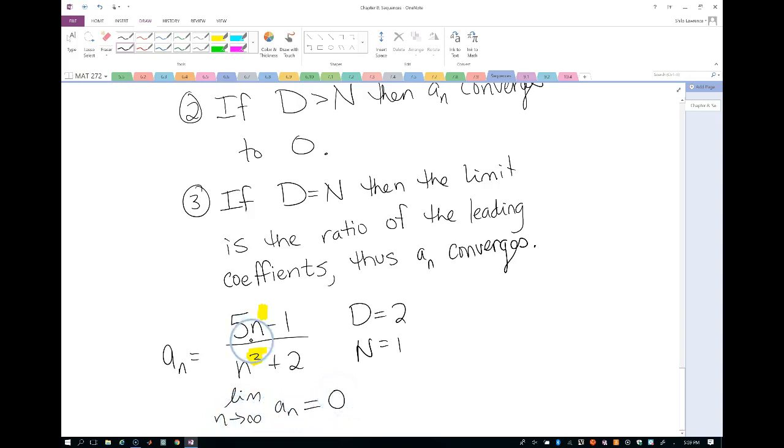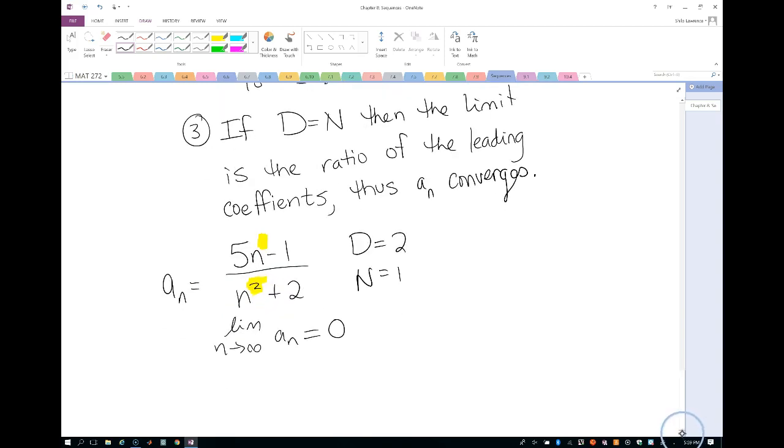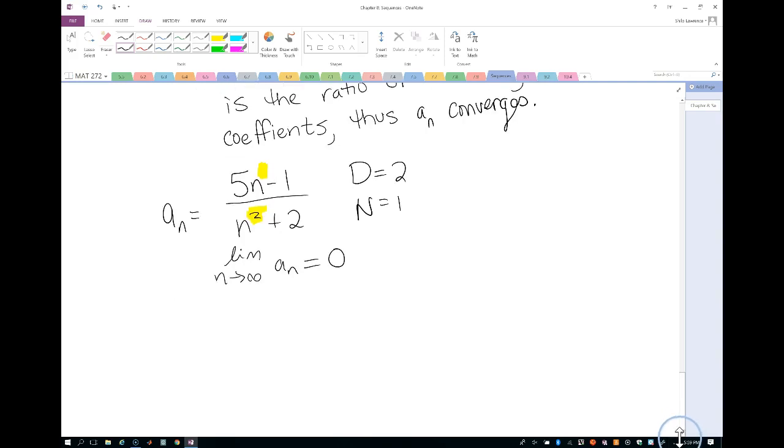So if we were to write out the terms for this sequence, write out 10 or 20 or 30 terms, we would see that the value of those terms get smaller and smaller, and will eventually get really close to 0. So let's look at another one real quick. B sub n is negative n cubed over 2n plus 5.